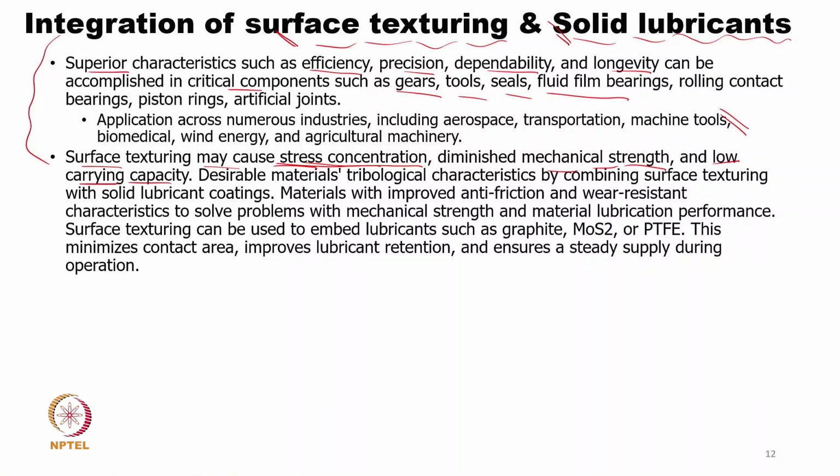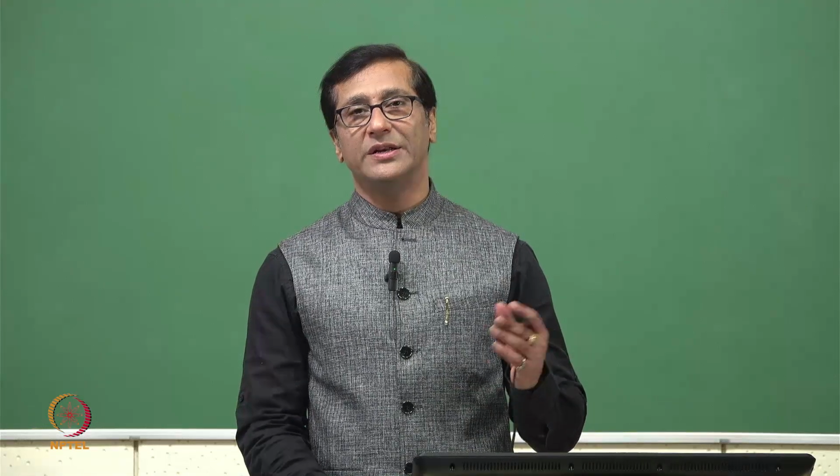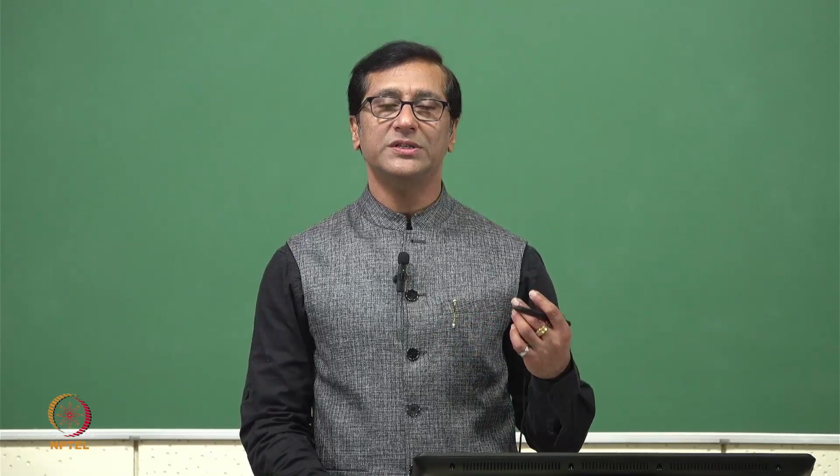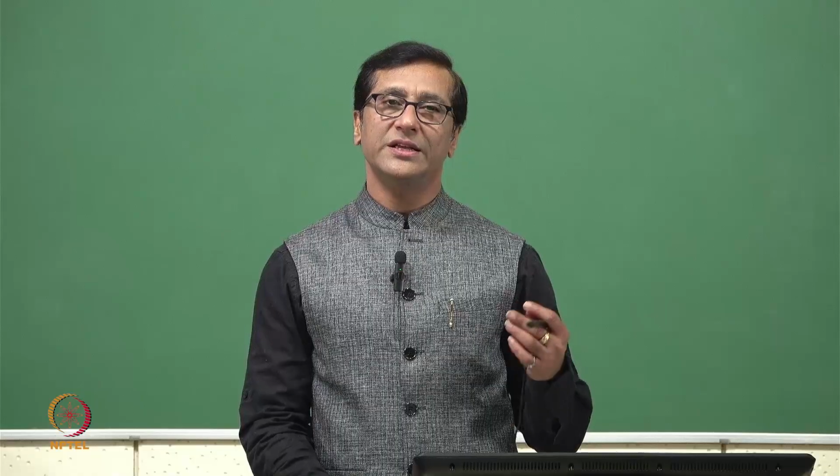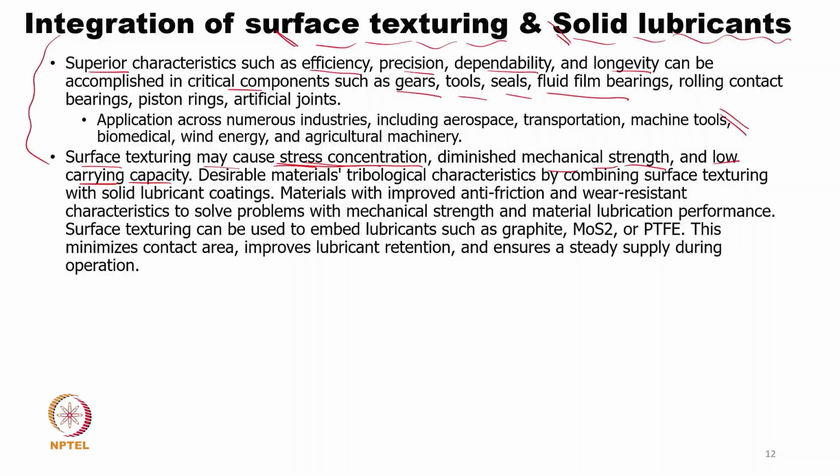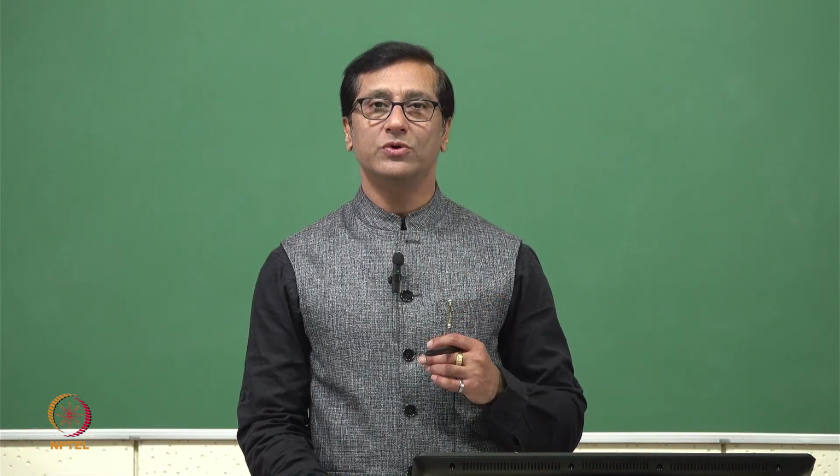Now, this is load carrying capacity reduction because we are removing the material. One more thing comes up: many times when we come to corrosion, if there is water or say electrolyte, it gets into the textured surface or pockets, and they form an electrolytic cell, and that creates more and more corrosion.